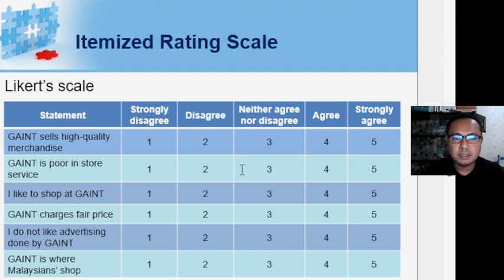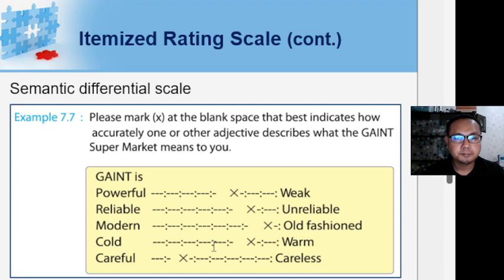Some questionnaires go up to a 1 to 7 option, from strongly disagree until strongly agree. This is an itemized rating scale as well, quite similar, except we don't use numbers here. It's the semantic differential scale.